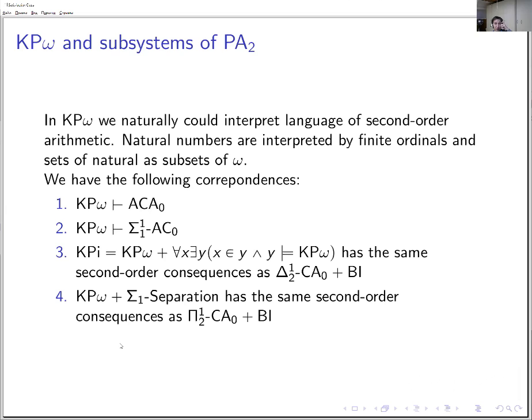And this is all very much connected to the theory of so-called large admissible ordinals. Basically, the idea is that Kripke-Platek set theory is a computable analog of Zermelo-Fraenkel set theory.